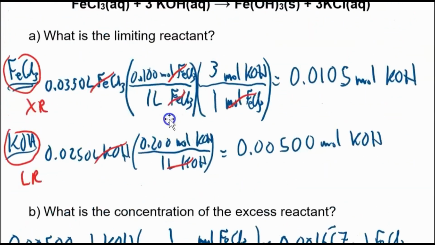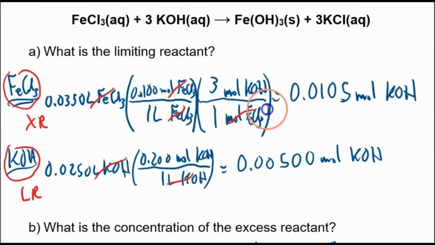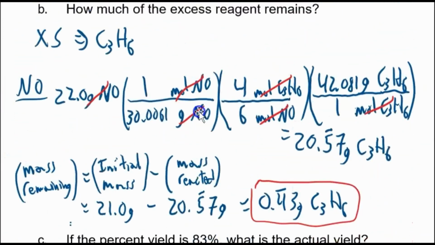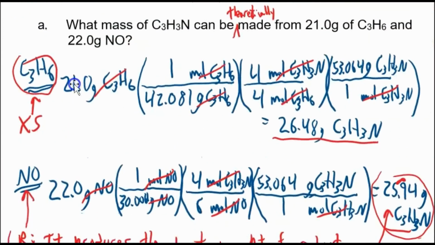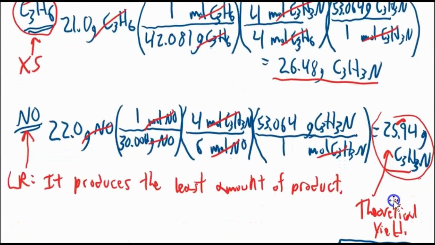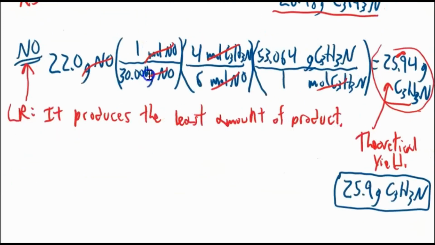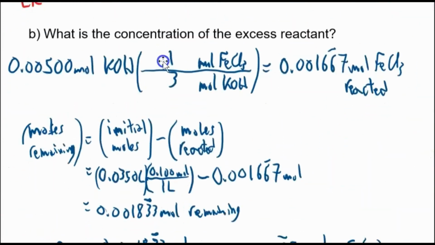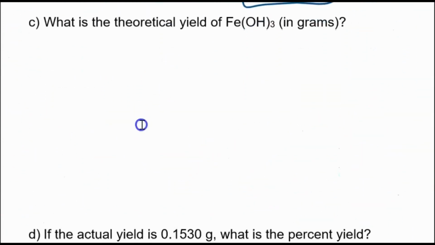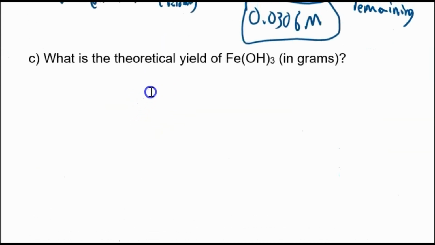When we determine the limiting reactant this way, we don't know the theoretical yield. But if we determine the limiting reactant the other way, like I first did in part A, the one that produces the least amount of product, then we get the theoretical yield right away. That's why I prefer that method, because you get the theoretical yield at the same time. It's kind of like a 2-in-1, but it doesn't really save too much time, though I do like that 2-in-1 the best.